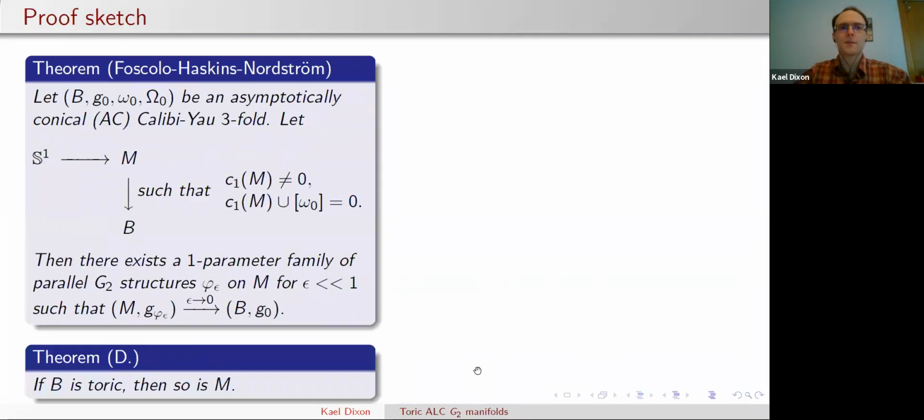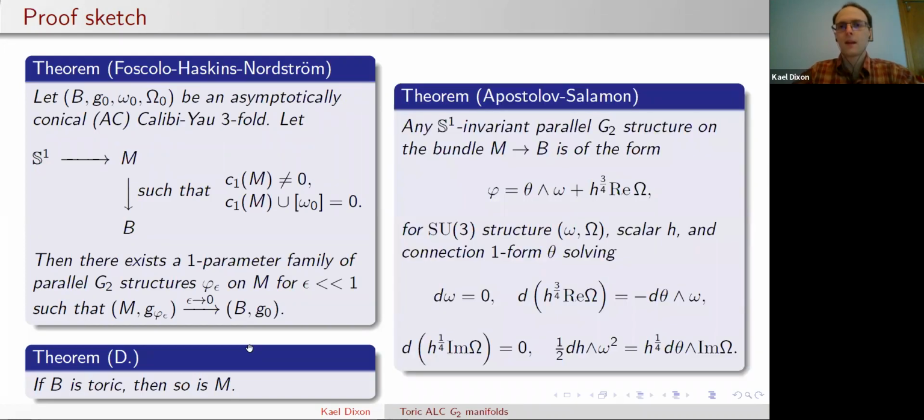Okay, so now we return to our theorem that we want to sketch. We have to understand a bit about how this construction of the G2 structures works before we can talk about the toric business. So we'll do that first. The story really begins with an older theorem by Apostolov and Salamon, which studied, again, circle bundles over a Kähler threefold.